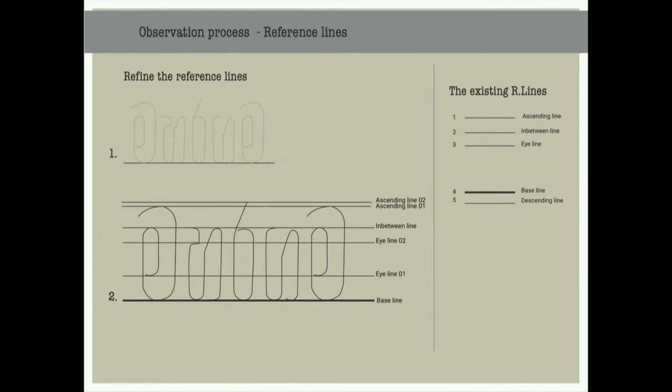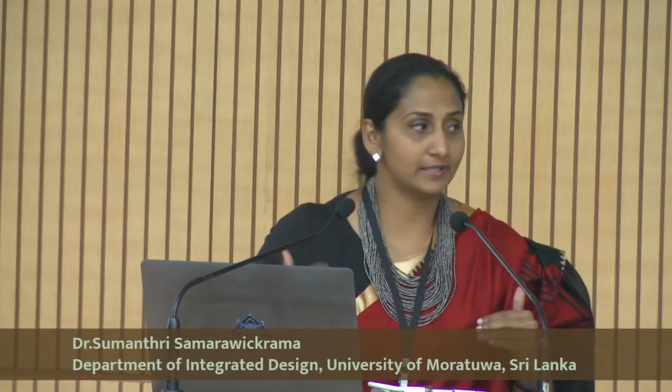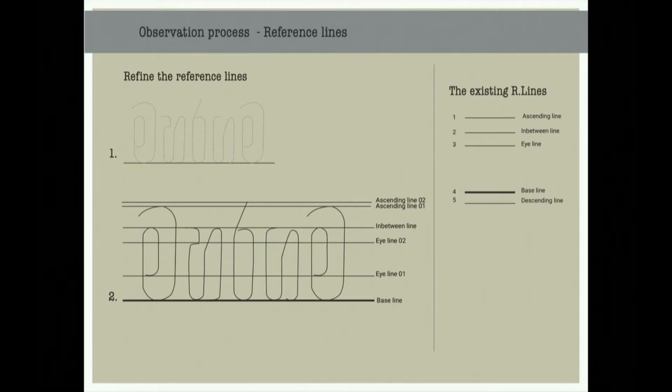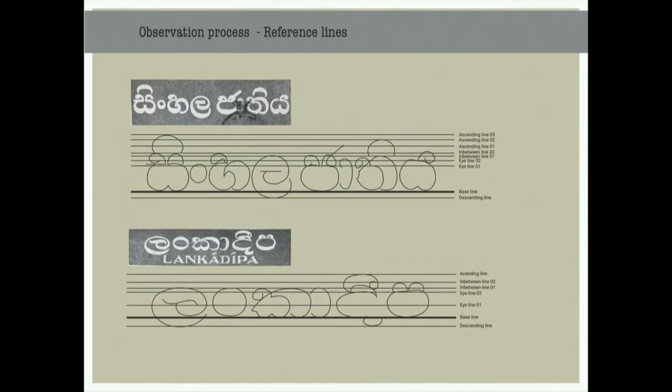And after you place it on a baseline, you have to know your anatomy. In Sinhala, there are 5 reference lines that are identified when you're drawing the letter. These are placed on the letter, and therefore we were able to identify how the designer, the craftsman of that time, had drawn the letter, and certain features had moved.